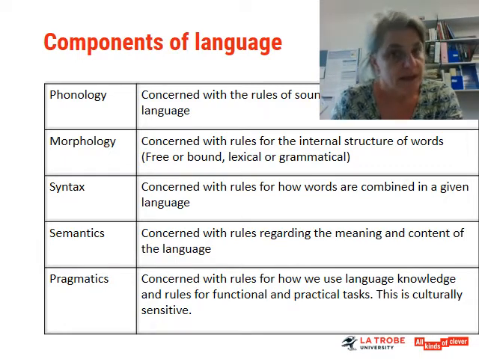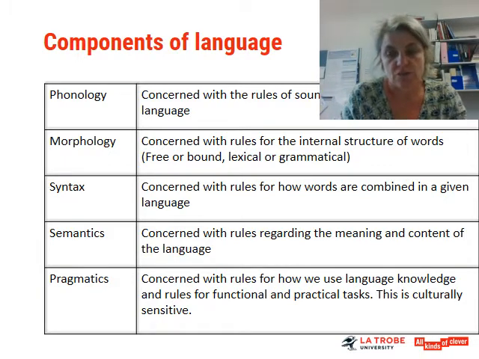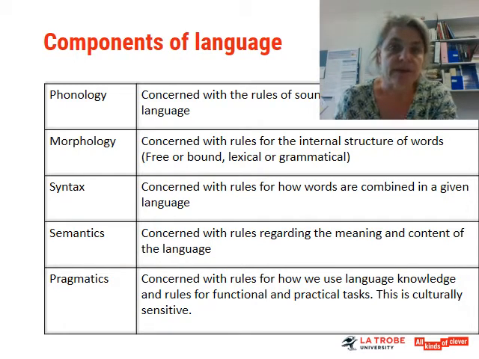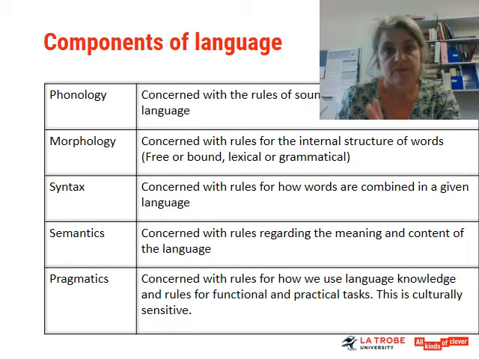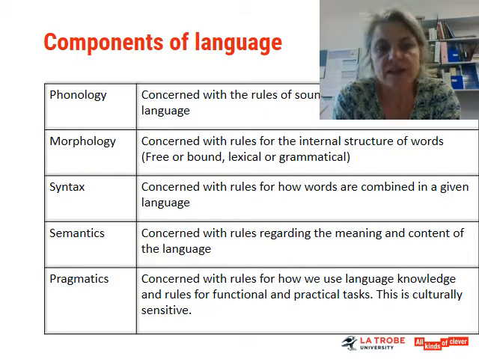That would be completely legal in terms of the syntax of the language. It would be completely illegal and make no sense to say, type letter the I, because I've mixed the order of the words up. So that's another rule of language.